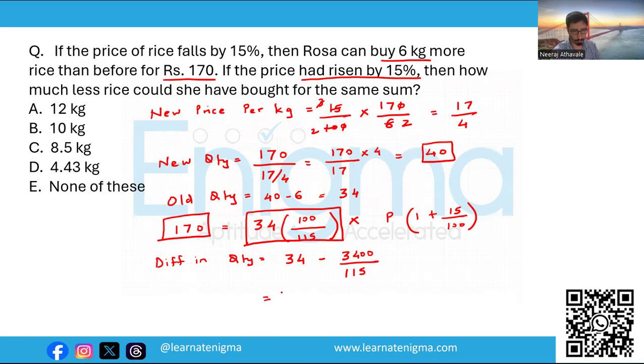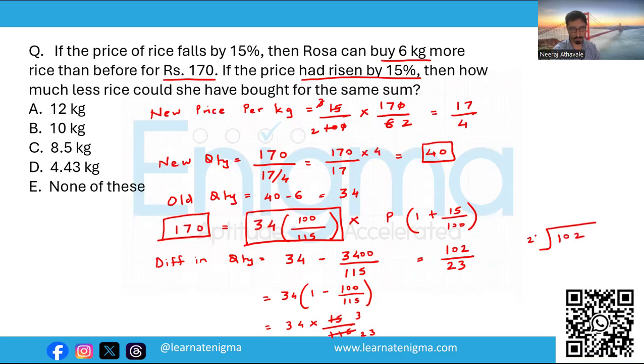I can take 34 common, into bracket 1 minus 100 by 115. So this will become 34 into 15 divided by 115. We can reduce this to 5 3s are 15, 5 into 23. And therefore we get here 34 3s are, that is 102 divided by 23.